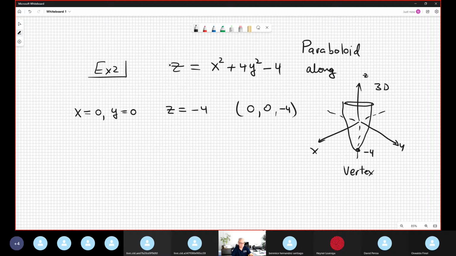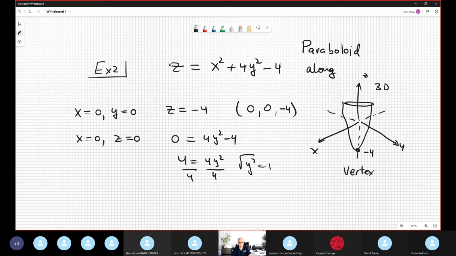Suppose now that we have x = 0 and z = 0. Then 0 equals 4y squared minus 4. It's a quadratic equation. Solving it quickly, 4 equals 4y squared, divided by 4, y squared equals 1. Taking the square root of both sides, y equals plus or minus 1.